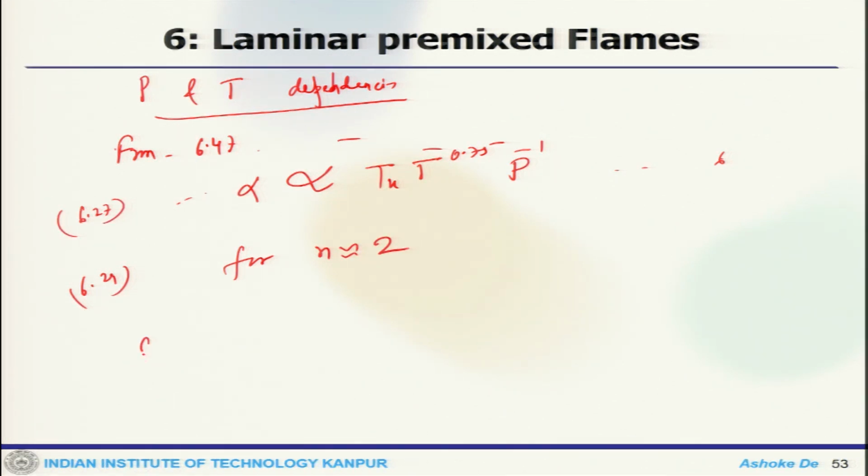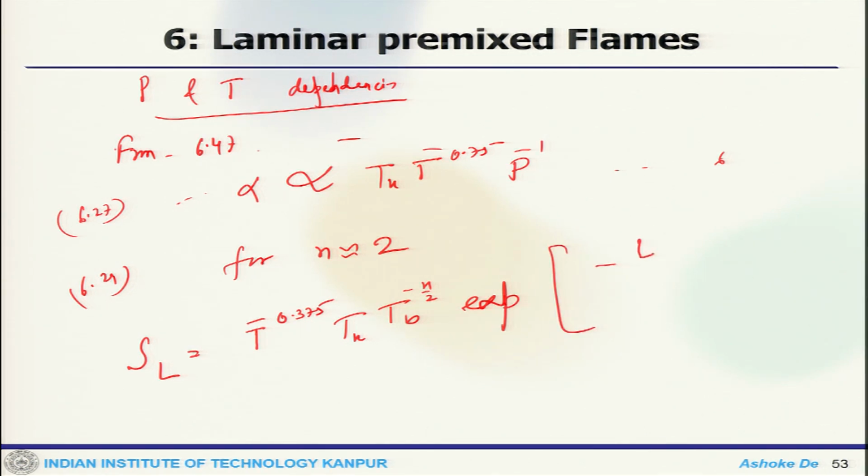for SL, SL equals T bar to the power 0.375 Tu, minus n by 2, exponential, P to the power (n minus 2) by 2.